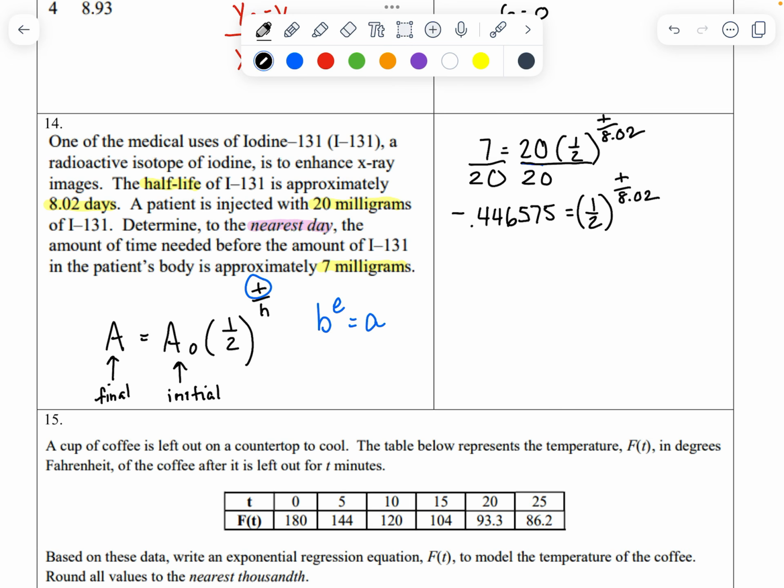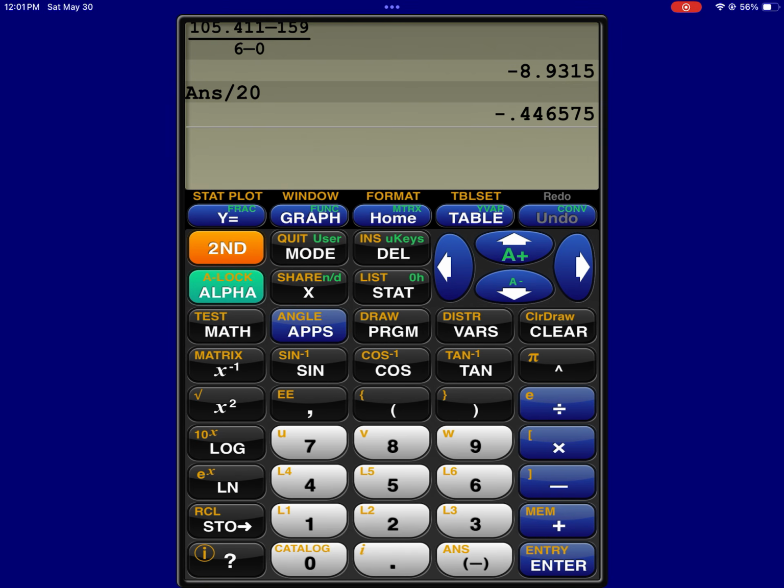Now I have 3 parts, so it's time to put this into logs. Base goes on the bottom, then comes your answer. And the whole point of logs was to get the exponent by itself. So I'm going to put this in the calculator, math alpha math.